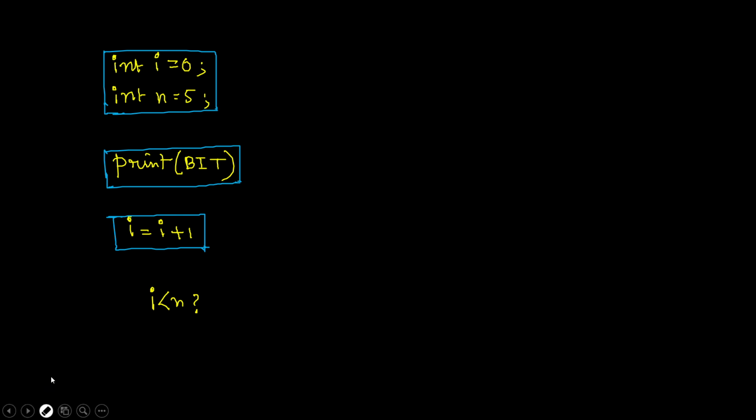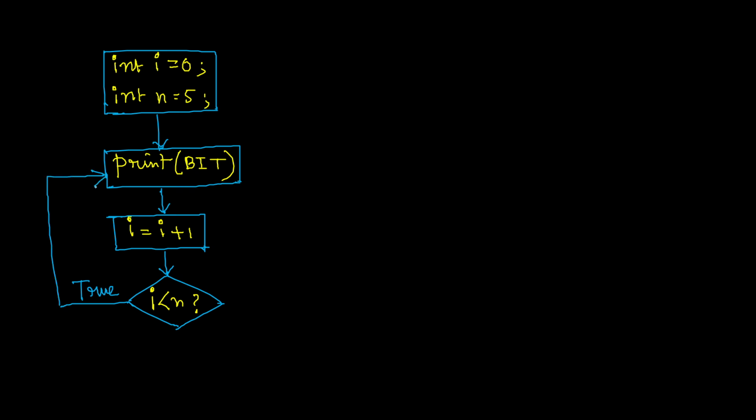It should be something like a diamond, and then I'll have something like this. But after this one, if the condition is true, then I will re-execute this part, and if it is false, I will come to an end.